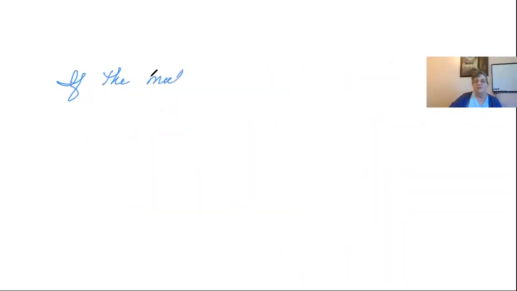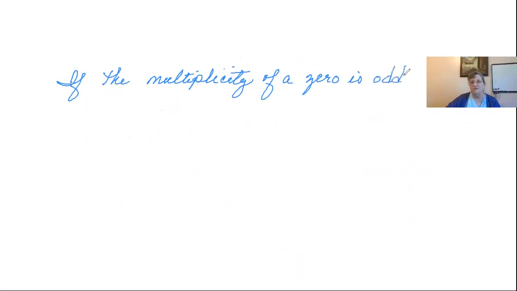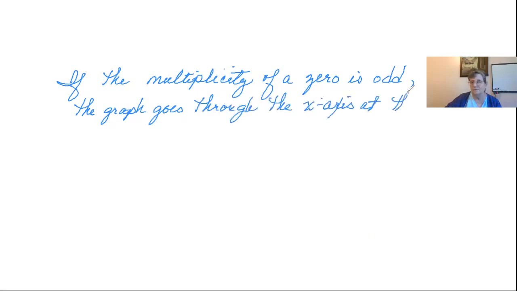If the multiplicity of a zero is odd, any odd number, so if the multiplicity is 1, 3, 5, 7, 9, then the graph goes through the x-axis at that zero.